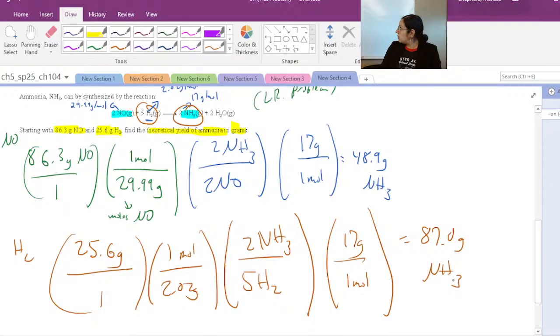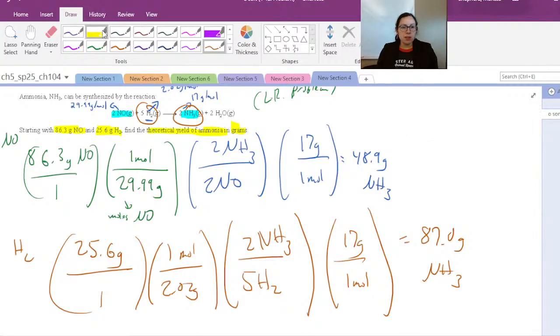So now which one is our least amount? Which one's our limiting reagent? Yeah, the one on top.